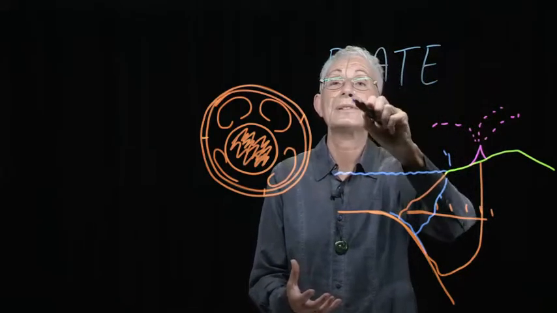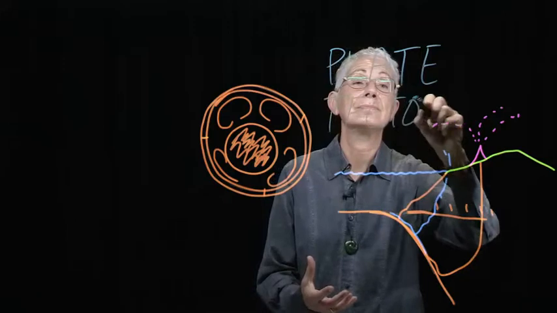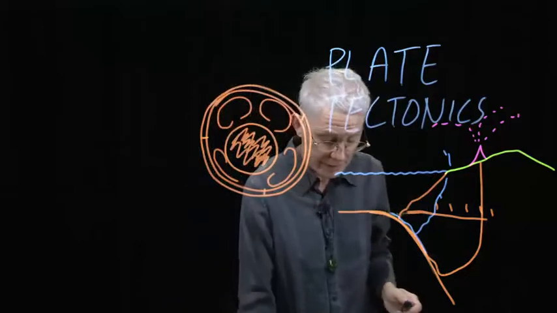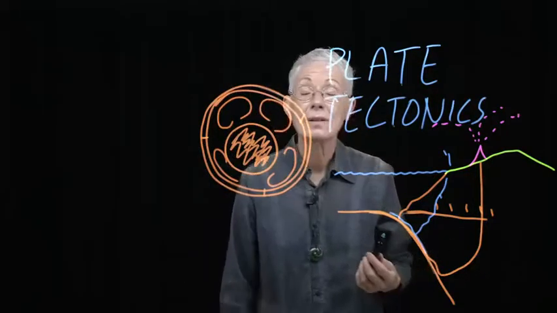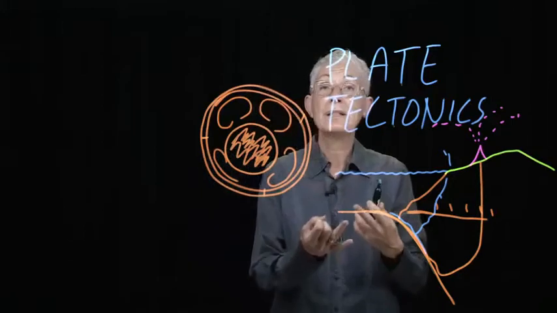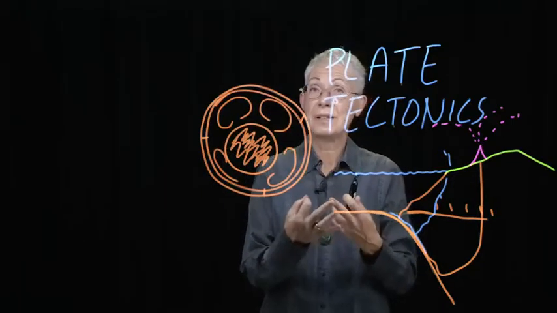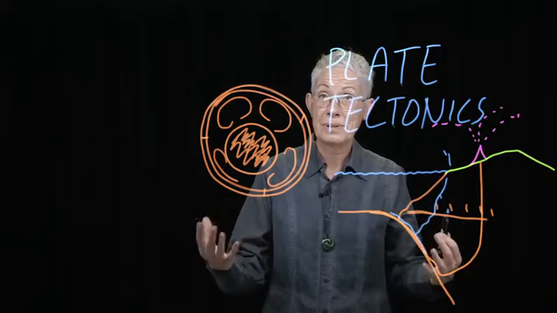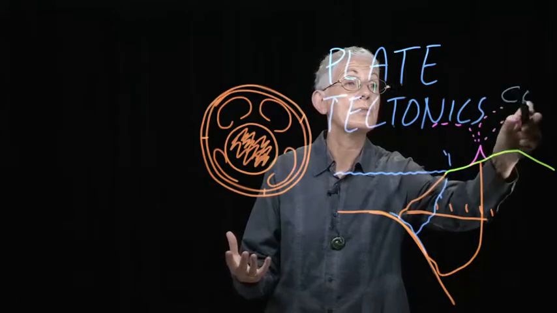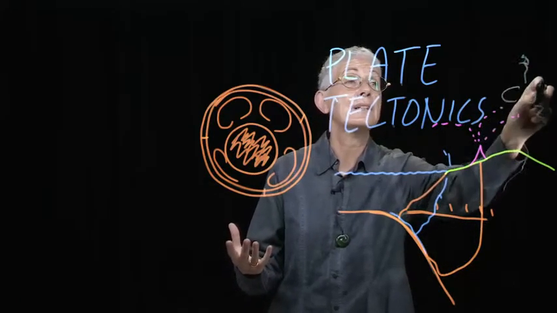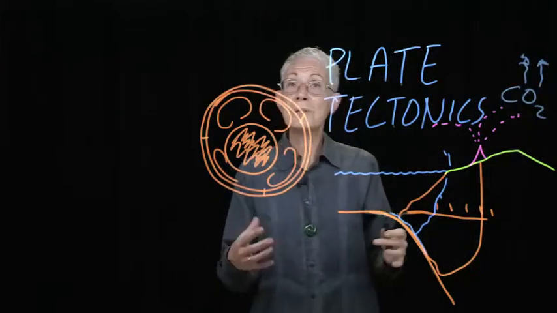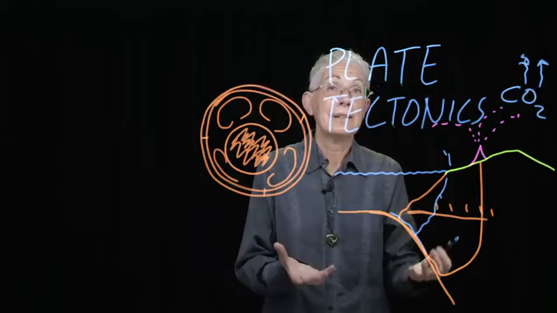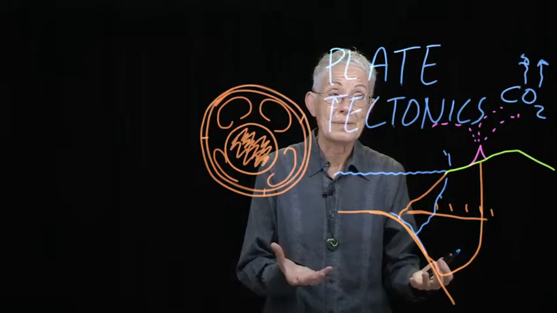Plate tectonics means that we have volcanoes, we have hydrothermal water, everything is in movement, and it generates also carbon dioxide. Volcanoes generate CO2, which goes in the atmosphere, and so helps to keep the Earth warm. On Mars, this doesn't happen.